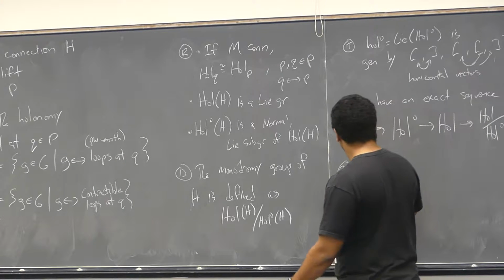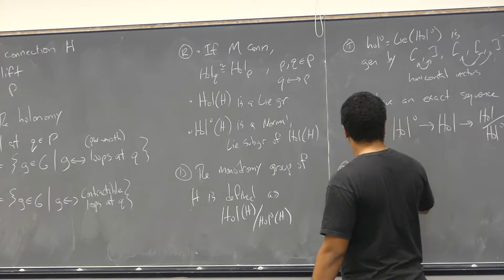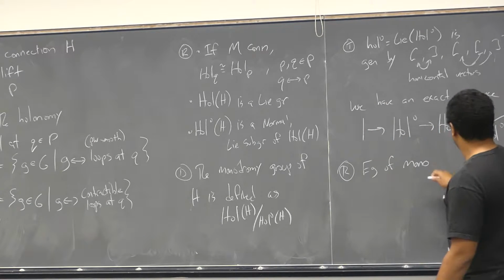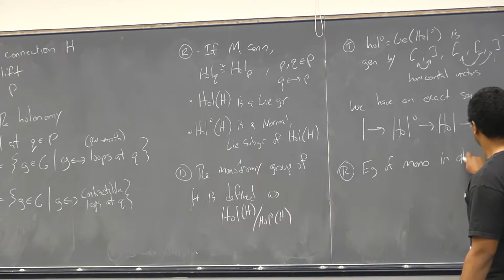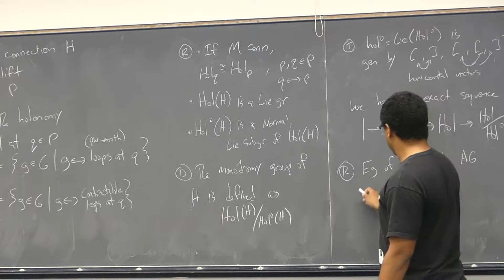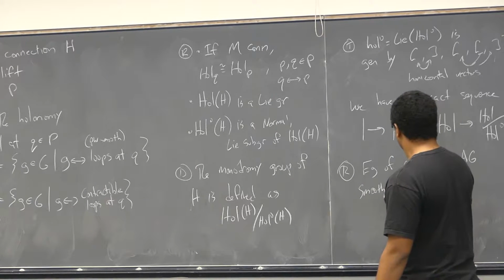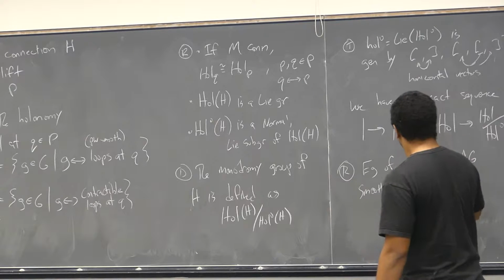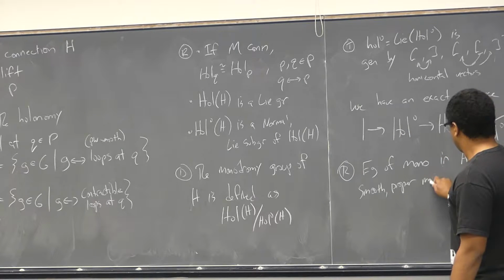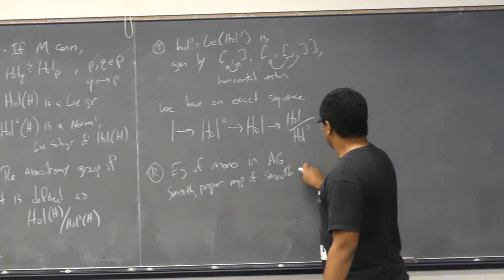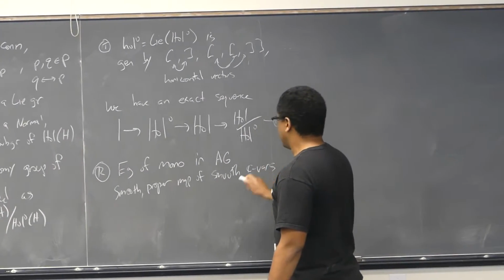Maybe as an example, say of monodromy in AG, is to take a smooth, proper map of non-singular or smooth C varieties.